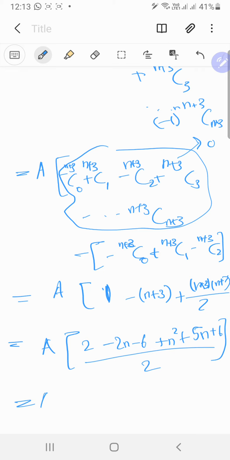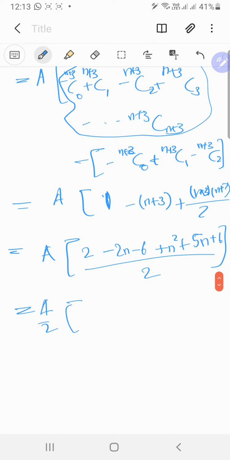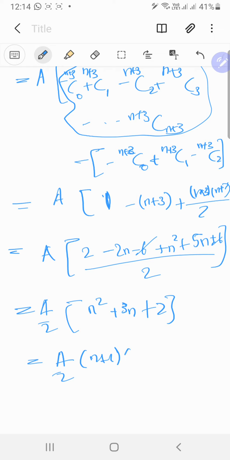So it's a upon 2 into, let's deal with this thing. n squared, then 5n minus 2n is 3n, so positive 3n, and then minus 6 plus 6 cancels, it's just 2 over there. So it's a by 2 into n+1 into n+2.